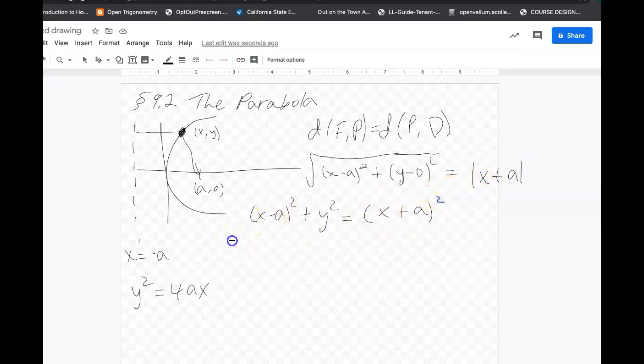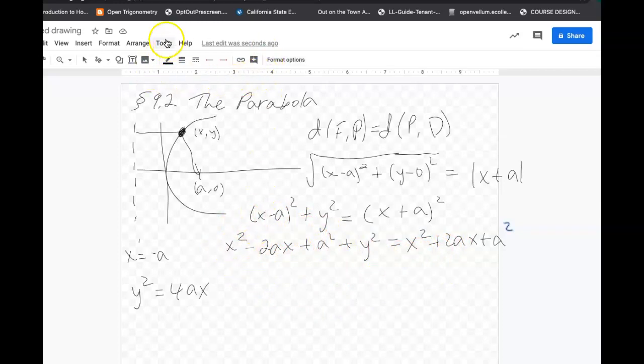When we expand this, we'll have x squared minus 2ax plus a squared plus y squared, and then equals x squared plus 2ax plus a squared. We're trying to get to y squared equals 4ax. We have our y squared here. Let's bring everything else to the right side.